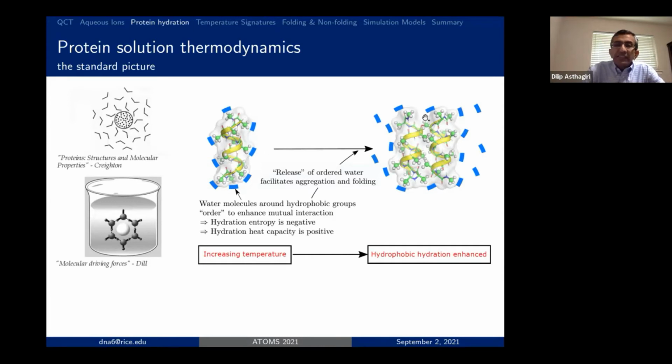These are two helices that I'm drawing. What the standard picture would argue is that there are these hydrophobic groups, and here is a schematic from Creighton, and here is another schematic from Bill's text. What we are asked to imagine is that water is somehow ordered around the solute. The reason for assuming this ordering, I'll explain in a minute.